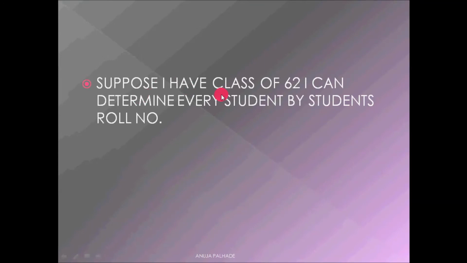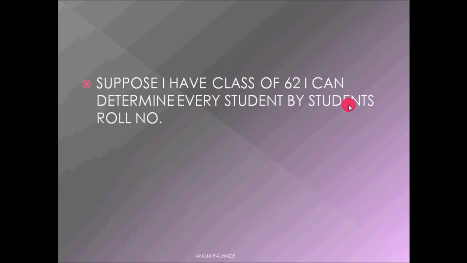Suppose I have a class of 62 and I can determine every student by roll number. Obviously, if roll numbers 1 to 62 are there, they are unique. If I say roll number 45 is present, only roll number 45 tells me, yes ma'am, I am present.